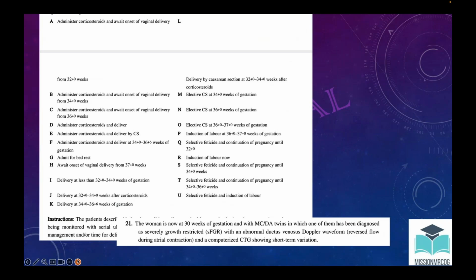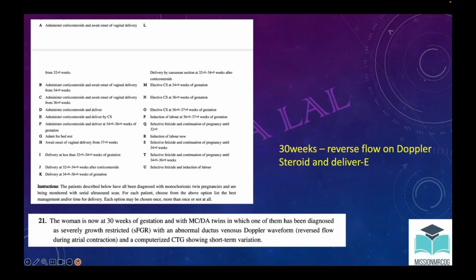It should be E. So 30 weeks, reversed flow Doppler, so steroid and deliver.